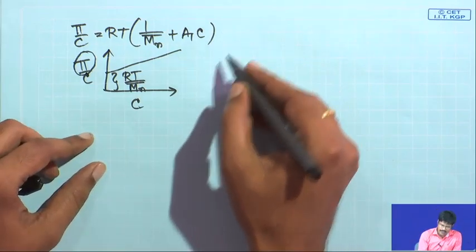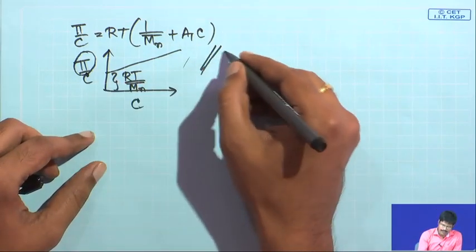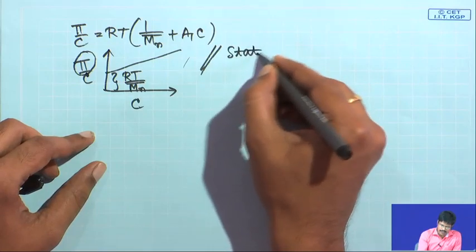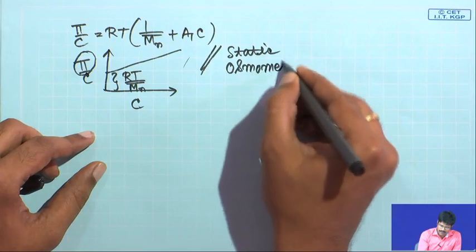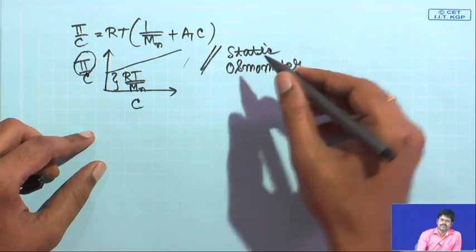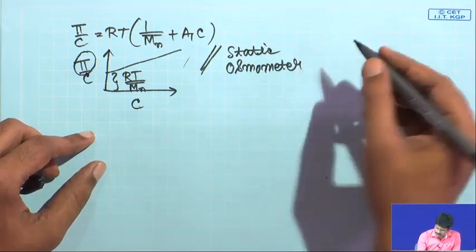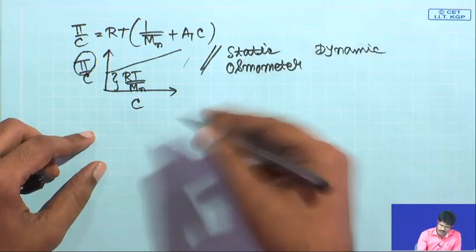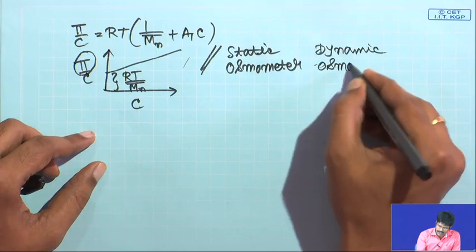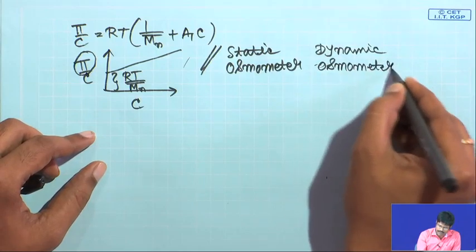Basically for osmotic pressure you have something called a static osmometer and a dynamic osmometer. These are different instruments used to measure osmotic pressure.